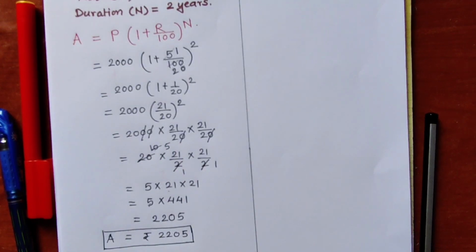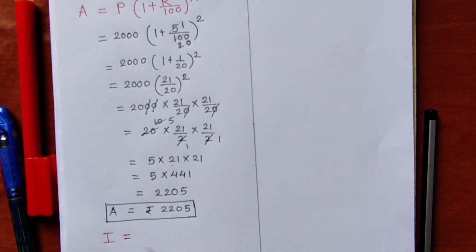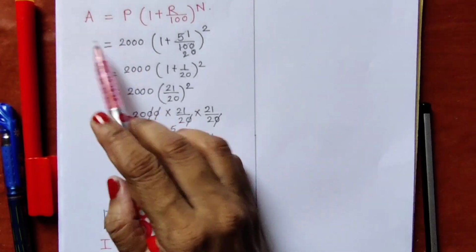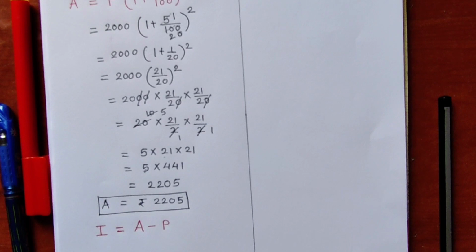So for compound interest, the formula is I is equal to A minus P, that means amount minus principal. This is the formula for compound interest. First we have to apply the formula for amount, then we can apply the formula for compound interest.